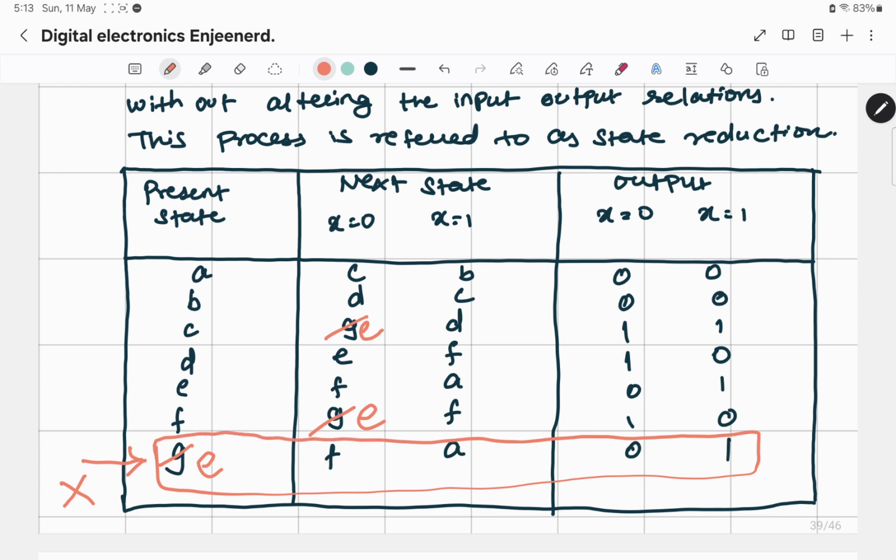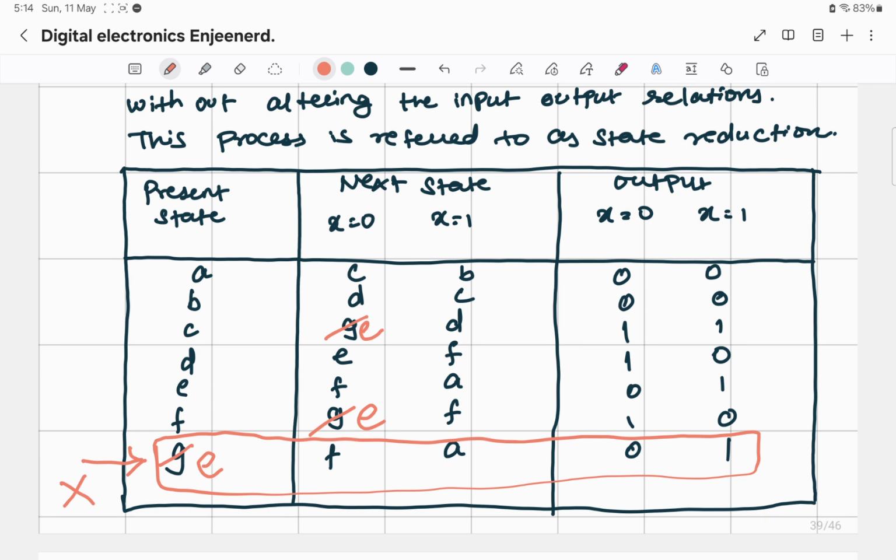It is suggested that you redraw this table with the new replaced values. Due to time constraints, I am doing it in a single table, but it is suggested that you redraw this table again.